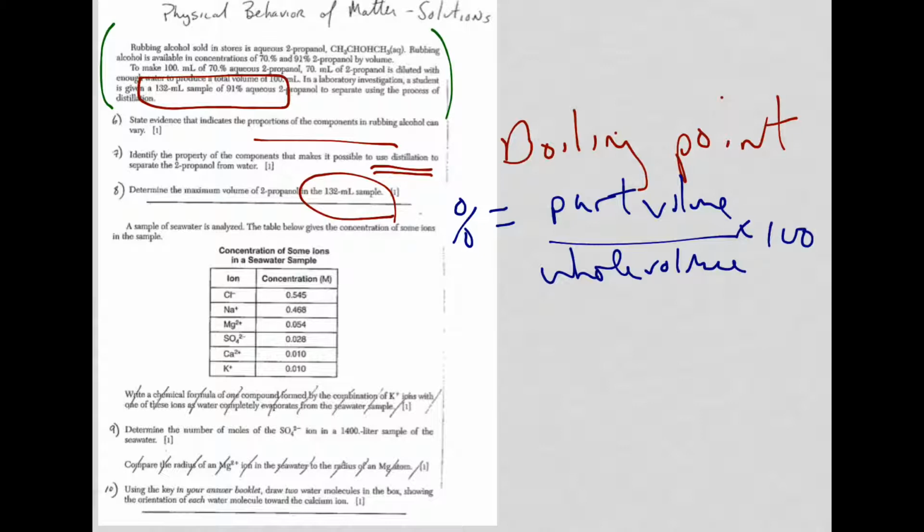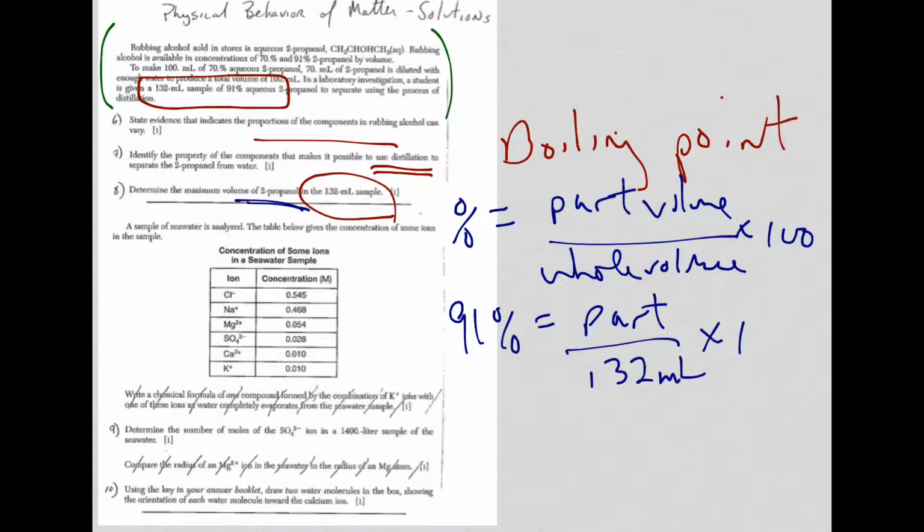Don't just jump into it. Write it down. So I have 91%. Usually I'm solving for that, but in this case they gave it to me. I want to know the maximum volume of the 2-propanol in the sample. The sample's the whole thing. So I want to know the part over 132 milliliters times 100.